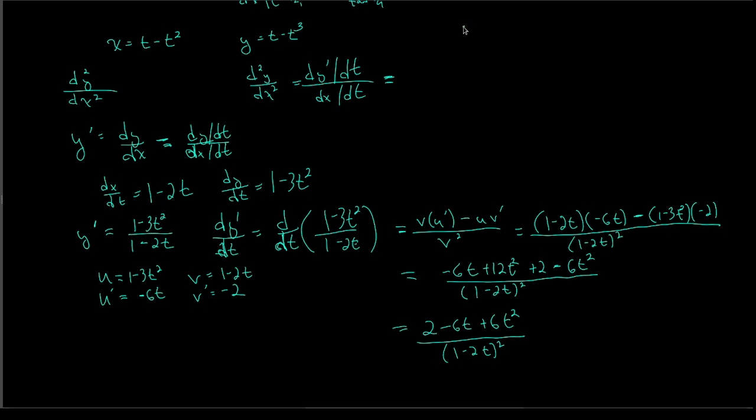I'm going to have this upstairs, 2 minus 6t plus 6t squared, divided by 1 minus 2t quantity squared, all over 1 minus 2t.